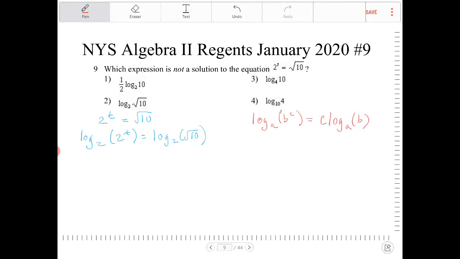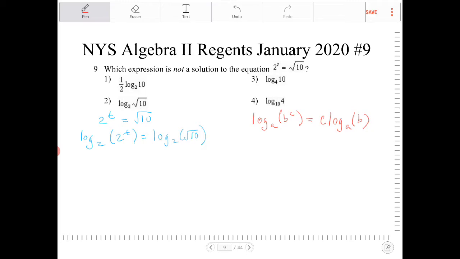The exponent inside, in the argument of the logarithm expression, comes out in front and becomes a coefficient. This is the one feature that makes logarithms so versatile in solving unknown exponents, because it turns an exponent into a product.